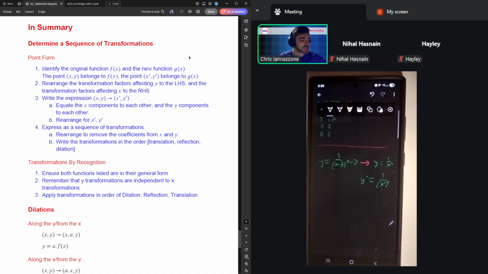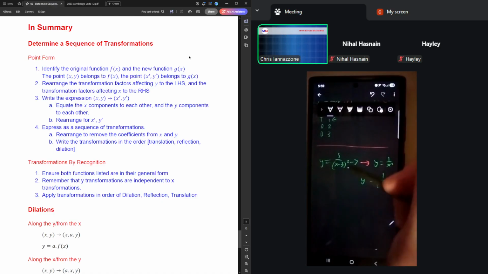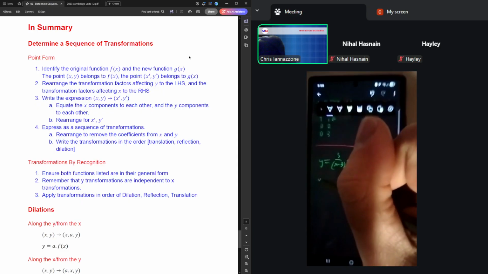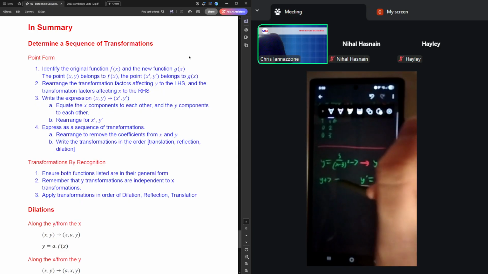Again, a good rule of thumb is going to be move over as much as possible before the function stops looking like, in this case, a truncus. Yeah, so the 7 is going to be moved over, absolutely, because that's one of the vertical components, so y plus 7.